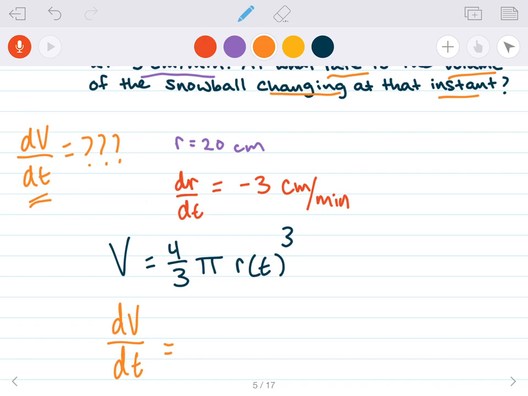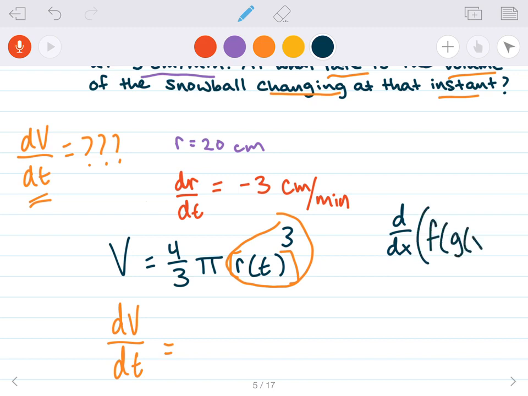So the first thing I'm going to notice is that I have a function within a function, basically. I have the function r of t to the third power, okay? So remember what the chain rule says. The chain rule says that if we're trying to differentiate a nested function, something like this, well, then the way that we do that is we do the following.